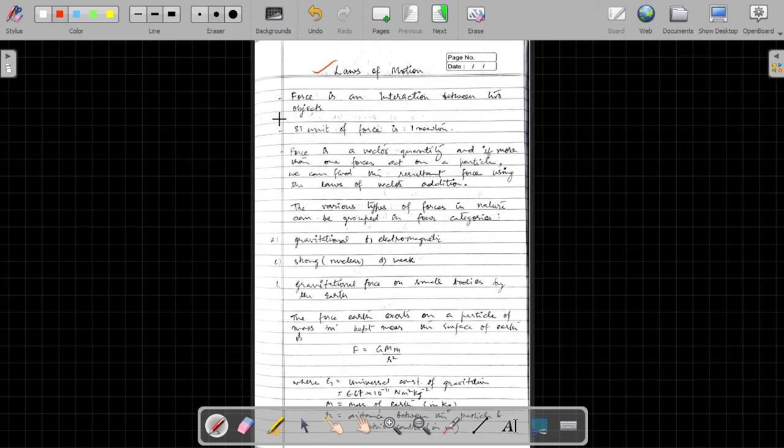And one more example can be a branch of a tree swaying in the wind. When the wind is moving in air, the particles of the wind interact with the leaves and branches of the tree, and they exert a force on it, which causes the branches to move and sway.